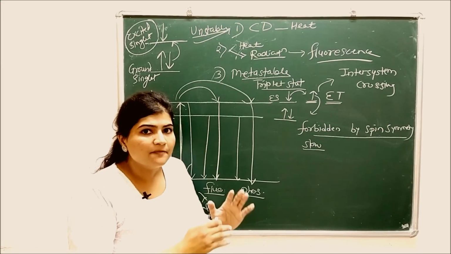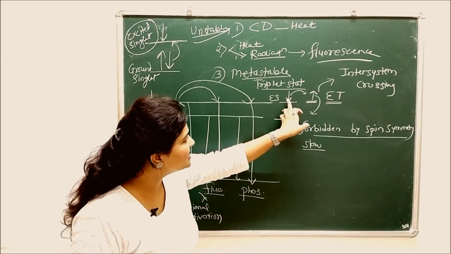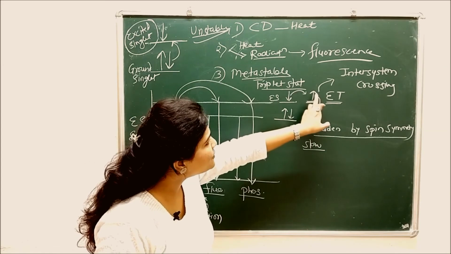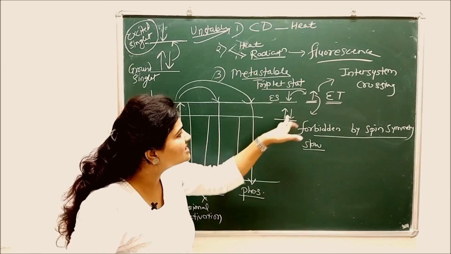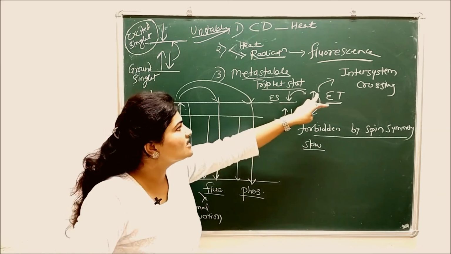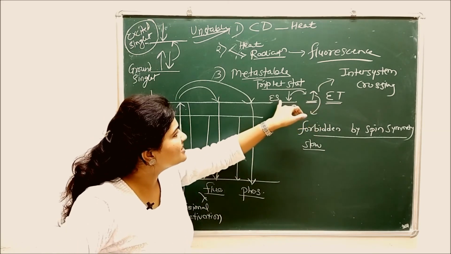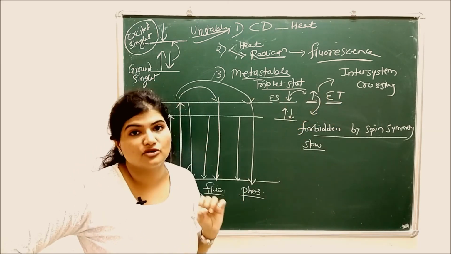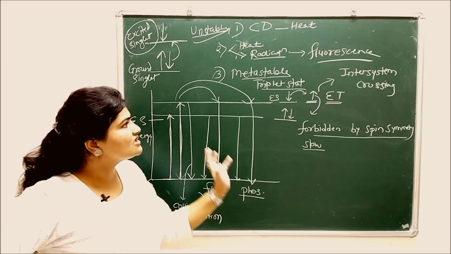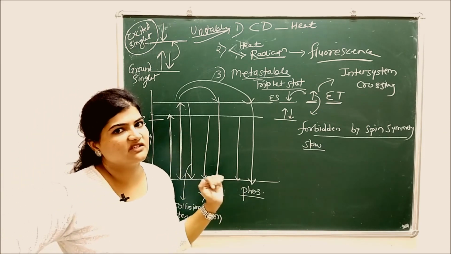The electron having this spin is getting converted to the opposite spin, and so it is going into a degeneracy of 3, because now there are 2 unpaired electrons. This process of shifting from singlet to triplet is referred to as intersystem crossing. So this is the process or theory behind fluorescence and phosphorescence.